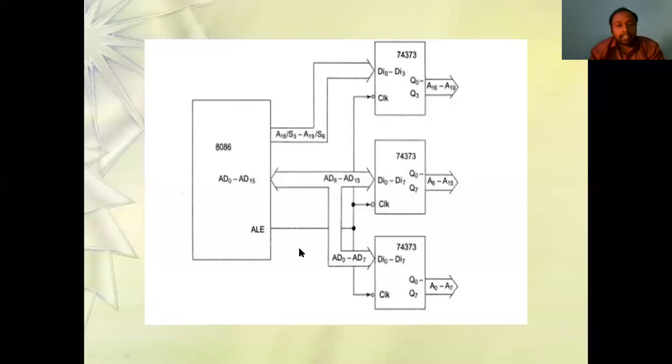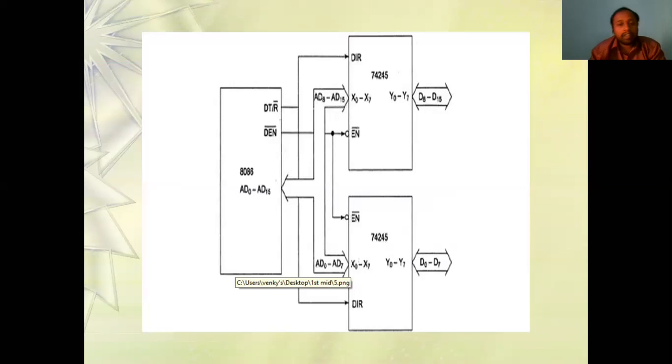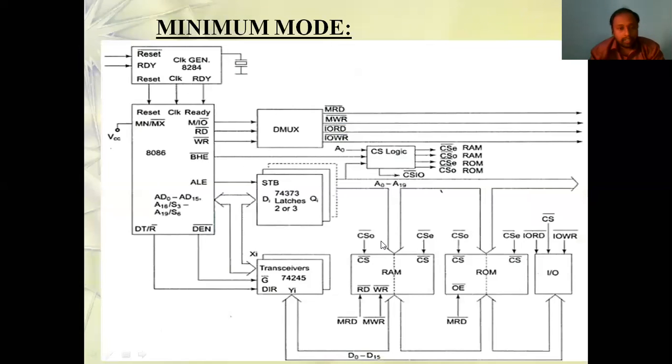The ALE, address latch enable pin, will be given here, so that the address is segmented into 8, 8 and 4, and then given to the peripheral, because of the buffering and synchronization situation. In the same way, to access the data, you have the buffering ICs like 74245, which takes the 16-bit data into 8 bits separately, so you are going to have two ICs here.